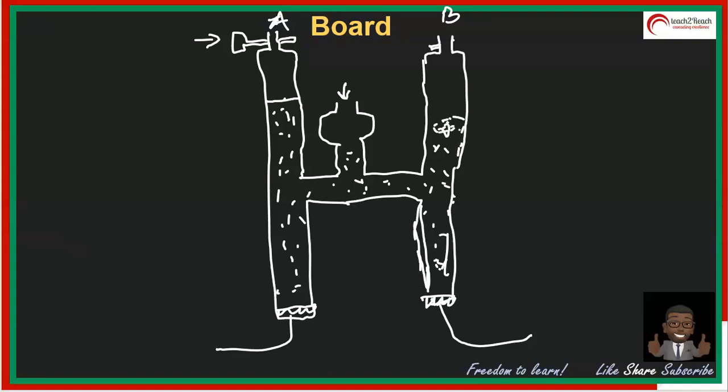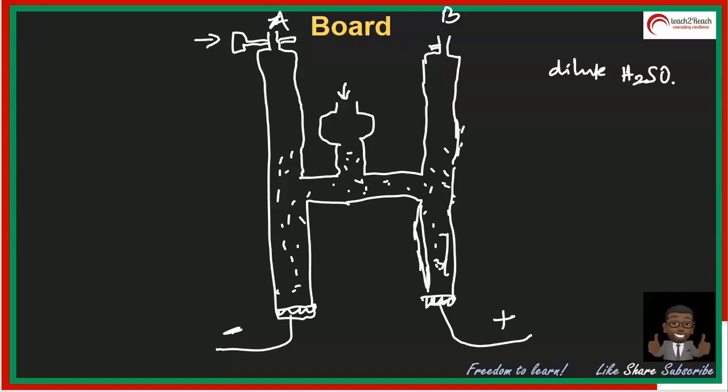Now let's ask the same question we have been asking all this while. If they label this particular place as positive and this as negative, and they're asking you for the electrolysis of dilute sulfuric acid, where will oxygen be formed?